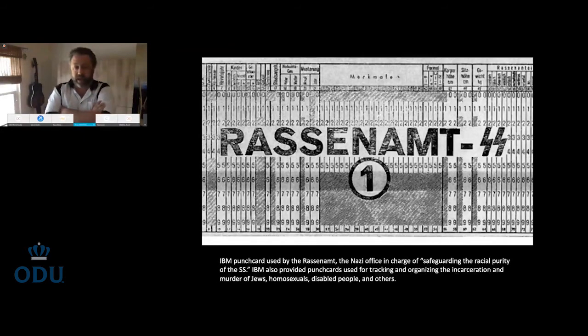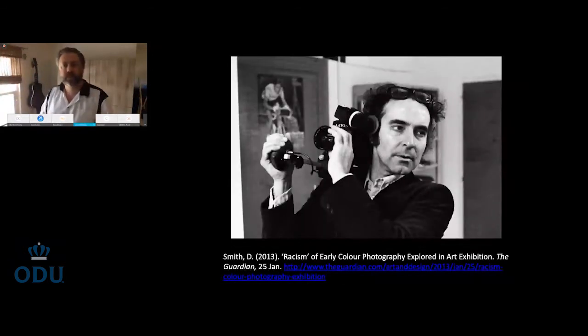They were employed by the Nazi German government, the Third Reich, to provide logistical support to assist in the efficient management, in this case, of the marriage and breeding of SS officers. But they also produced punch cards that were specifically there to code and efficiently incarcerate and kill Jews and homosexuals and disabled people and political prisoners and so on.